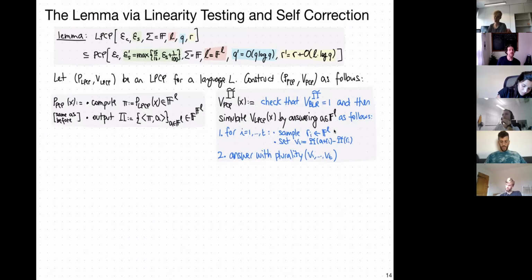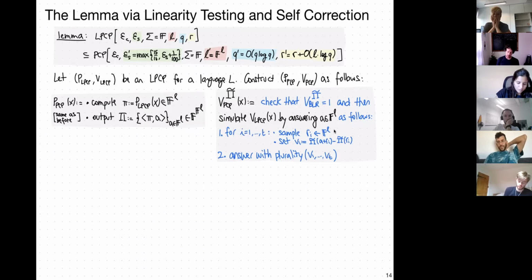So what we'll do is the PCP would be exactly as before. We'll just take the function, encode it by Hadamard, or alternatively provide all of its linear combinations, and then we'll have a verifier, and the verifier will first run the linearity test, and then we'll simulate the linear PCP simply by replacing each vector by the plurality vote. We'll do some random sampling, check a bunch of triangles, see which value is most popular, and answer according to that.